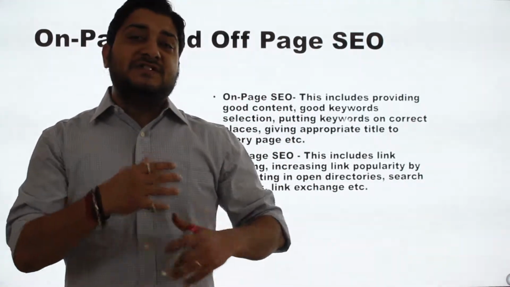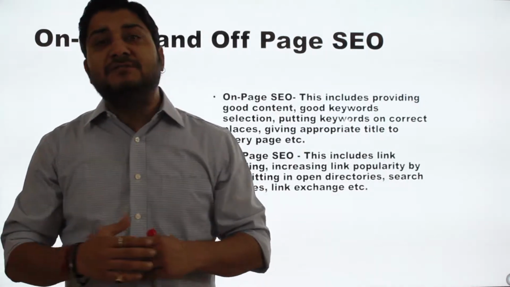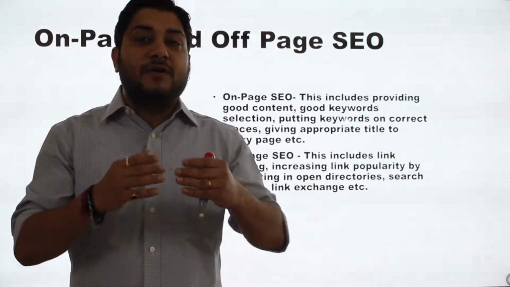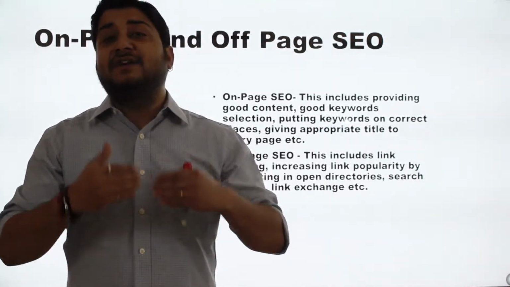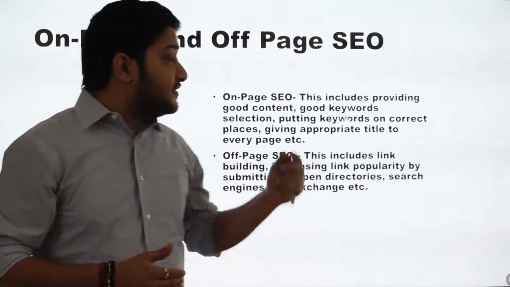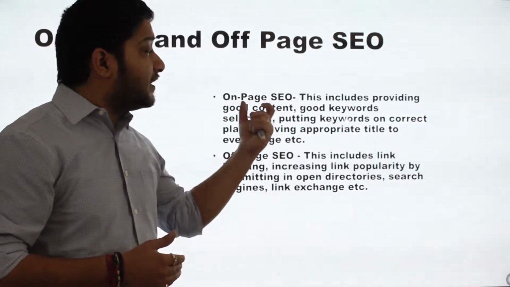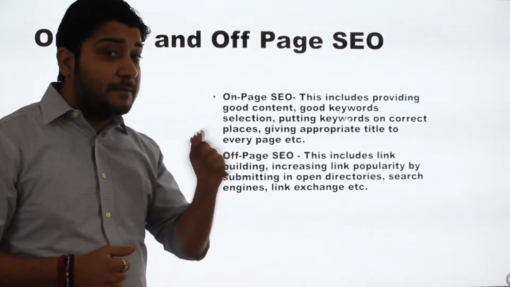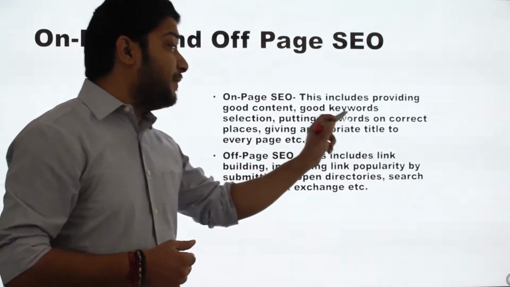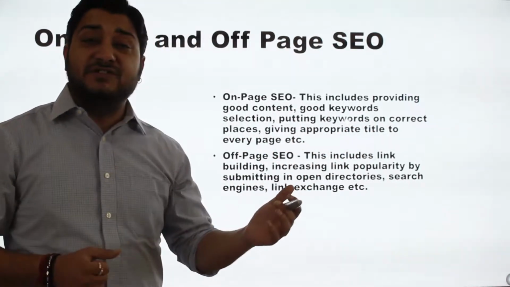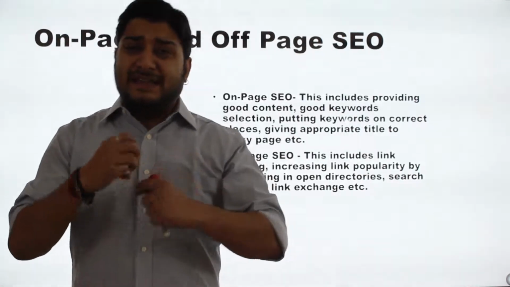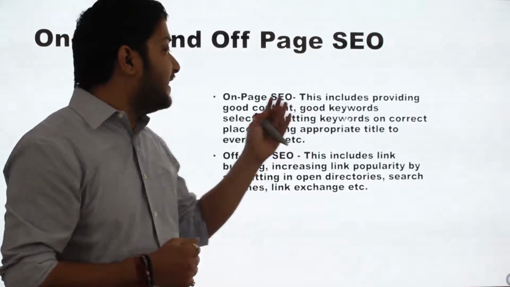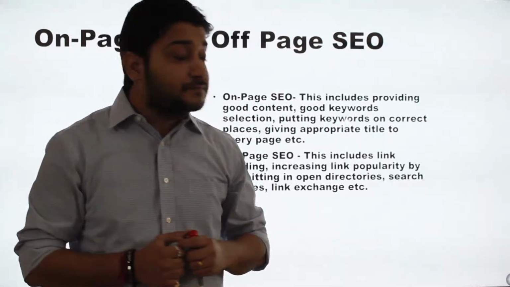The designing part, implementation part, hosting part, all the stuff that you do for your own website, that's on-page SEO. This includes providing good content, good keyword selection, putting keywords in correct places, and giving an appropriate title to every page. These techniques and implementations on your own website are defined as on-page SEO.